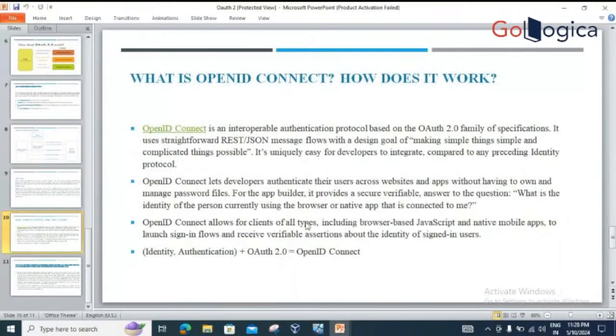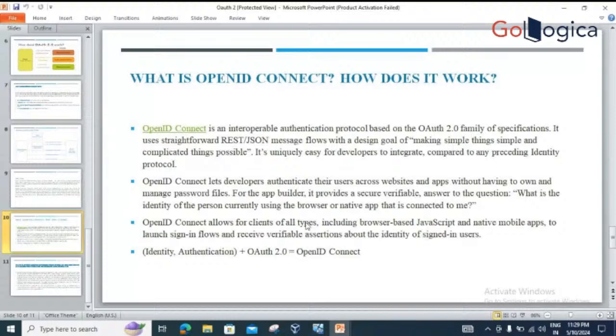Now what is OpenID Connect and how does it work? So now it is a completely different thing, not exactly OAuth. OpenID is basically a superset of OAuth. It is the upper hand of OAuth 2.0.